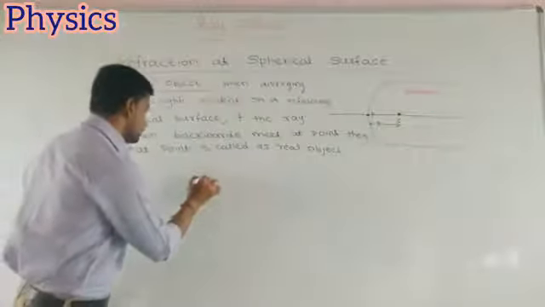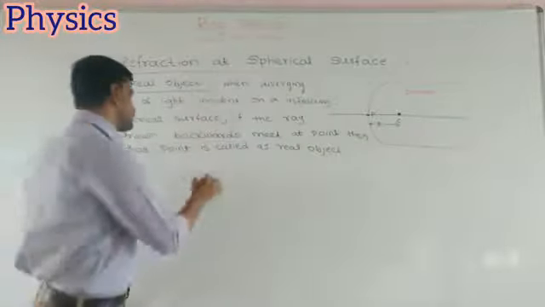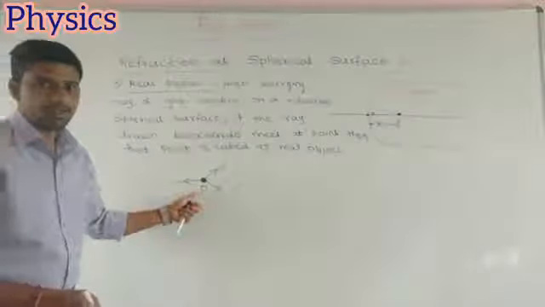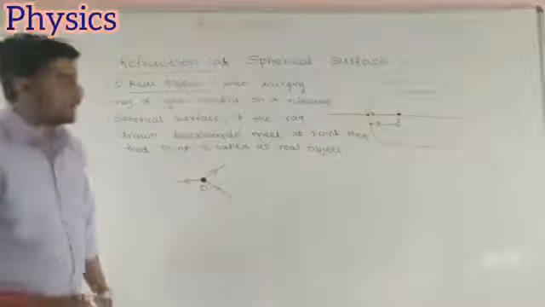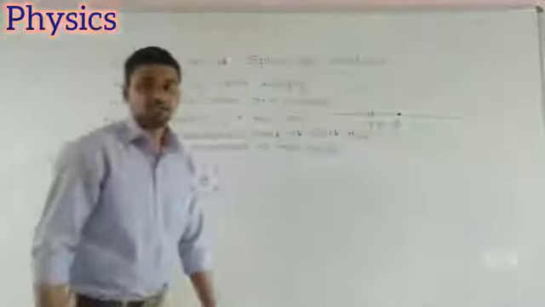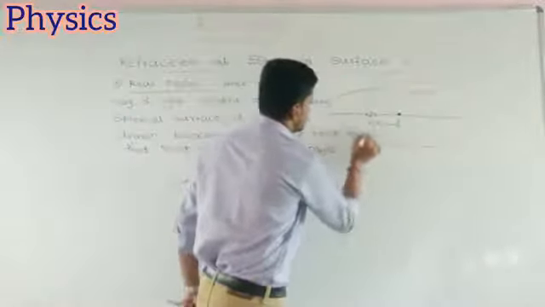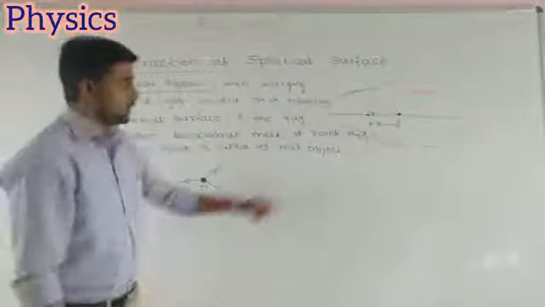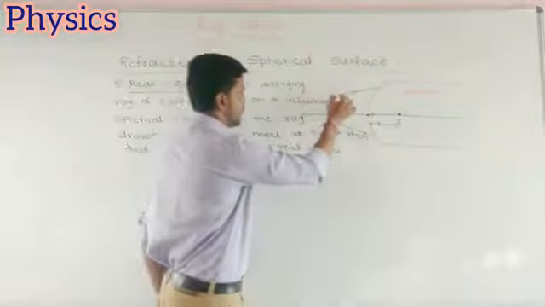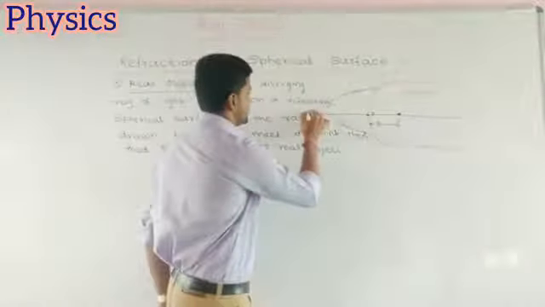Assume this is a light source, I am taking it as O. The light rays coming out from this light source are diverging out from it. If diverging rays of light are incident on this surface and I draw the ray backward, it will meet at some point on the principal axis here.